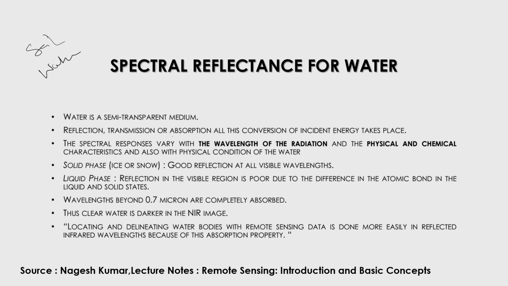And as you know, water can be of three forms. One is the solid phase, that is ice, another is the gaseous phase, and another is the liquid phase. If it is in the solid phase, then a high value will be assigned.